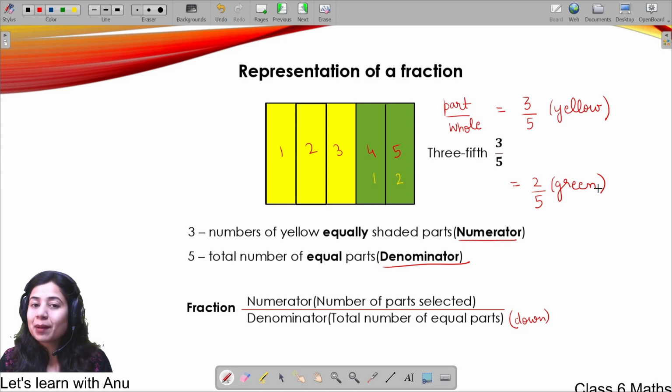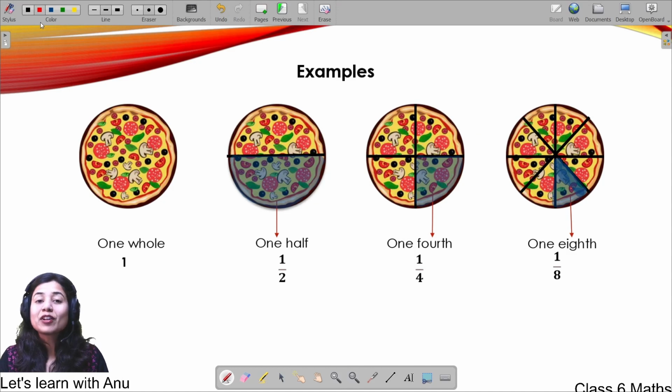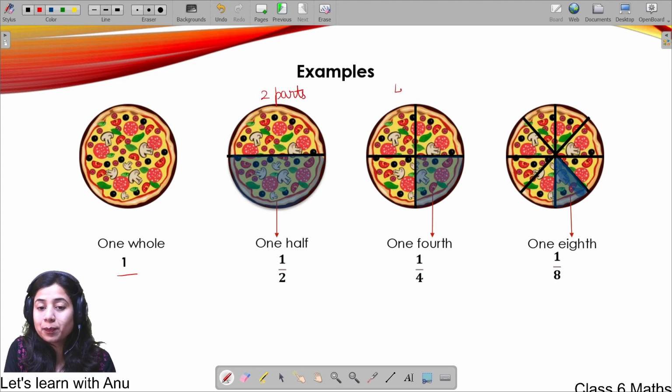Let me end this chapter with some examples. Let's understand the representation of fractions with these yummy examples. So I have one whole pizza and 3 different scenarios. In the first case, I have divided the whole pizza into 2 equal parts. In the next case, I divided the pizza into 4 equal parts. And in the last one, I divided it into 8 equal parts.